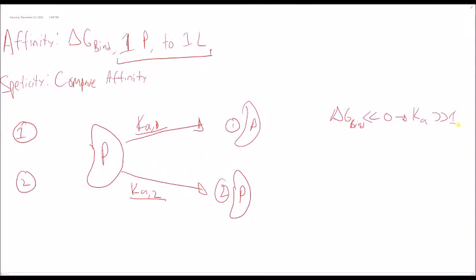This doesn't imply necessarily that that protein-ligand pair is specific. For example, Ka1 could be much greater than 1. That doesn't tell me anything about how it selectively grabs 1 over 2. So this just tells me about the protein's affinity for 1.